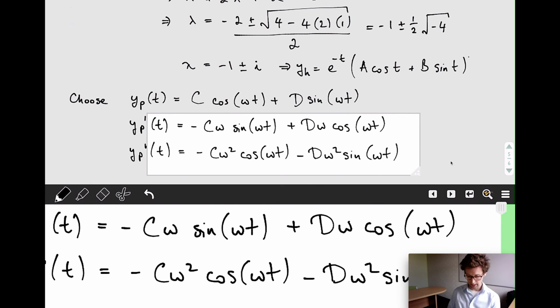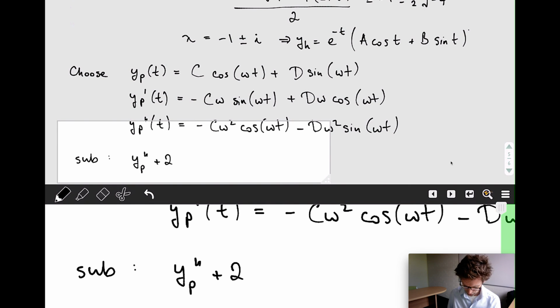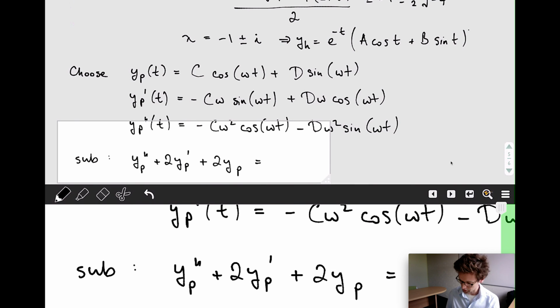Let's substitute that now into my ordinary differential equation, non-homogeneous, so that was yp double prime plus 2yp prime plus 2yp is equal to sine omega t.